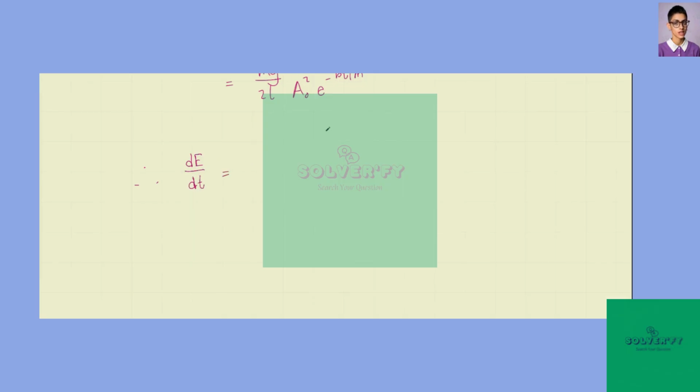So we can differentiate this expression with respect to time, and this becomes minus b over m times mg over 2L times A naught squared e to the minus bt over m.